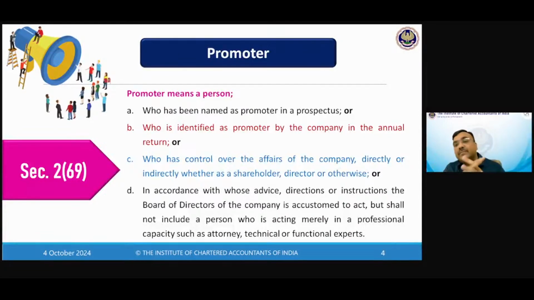So first time the concept of promoter is defined in the Companies Act 2013 under section 2 clause 69. According to the section, promoter means who has been named as promoter in a prospectus or who is identified as promoter by the company in annual return.